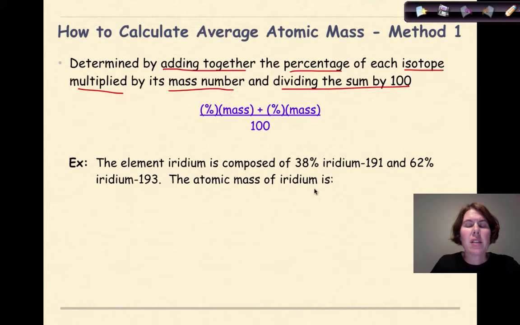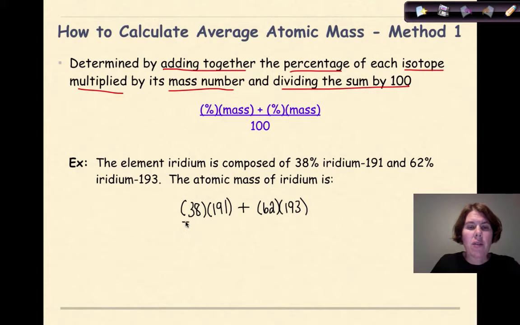The atomic mass of iridium is, so the way that we would set this up is that I would take my first percentage listed, which is 38, and multiply it by its mass number, so 191. And then I'm going to add that to the second percentage, which is 62, and multiply that by its associated mass number, which is 193.